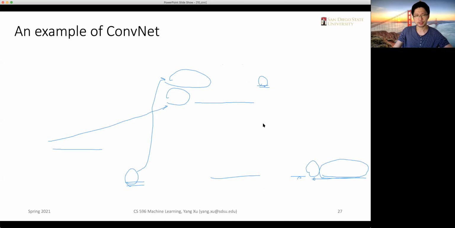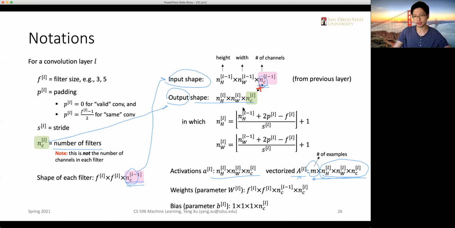Another technicality is about the weights. The weight parameter W^[L], we usually refer to as all the parameters in total in the filter. So these three dimensions are the shape for one filter, and because we have that many filters used, the total number of weights would be like this.